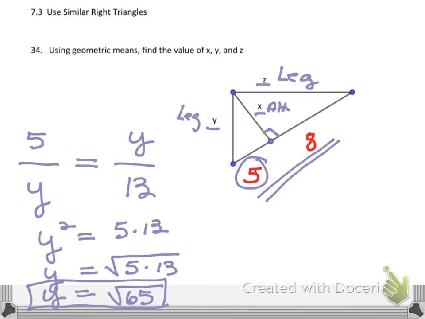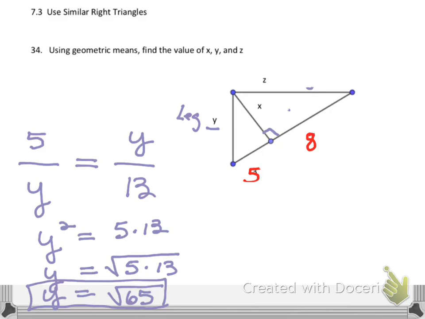Okay, let's work on x now. Let me do a little bit of erasing just to clean things up. I'm going to erase the purple marks that pertained to the leg that we defined as y. Now we're going to change our color.